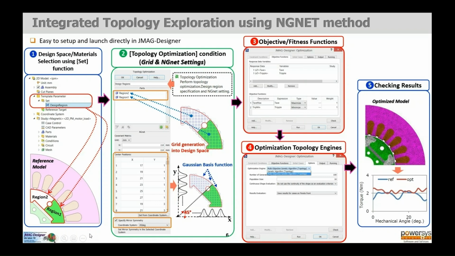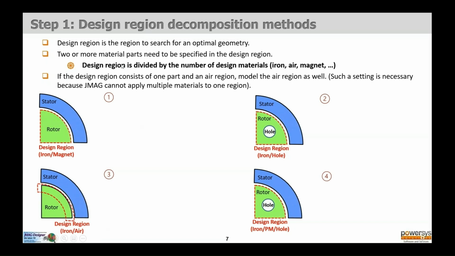Before starting the demonstration, I need to give some recommendations for some cases. For the first step, what you need to understand is that the design region needs to be divided by the number of materials that you will use for the observation. In this example, I have four cases. In case one, I want to use the whole rotor shape as the design region and use two material designs, iron and the magnet, for example.